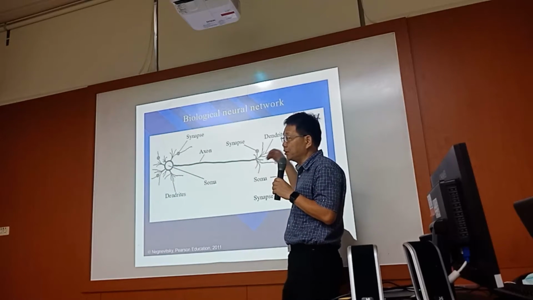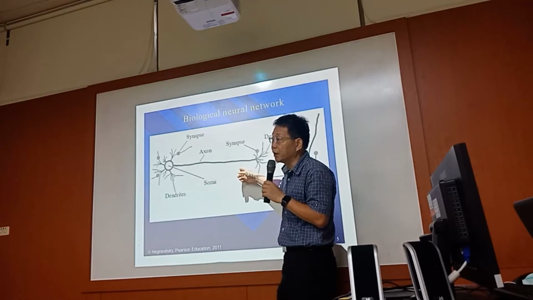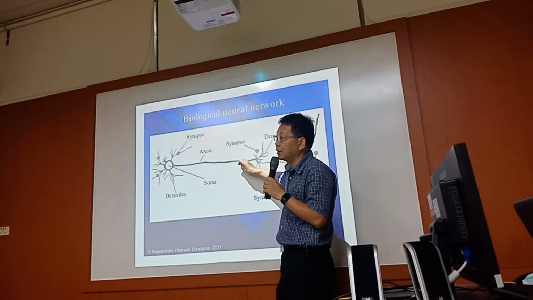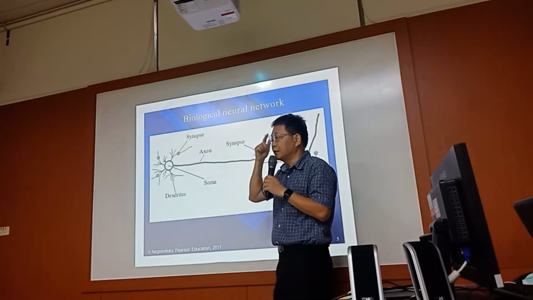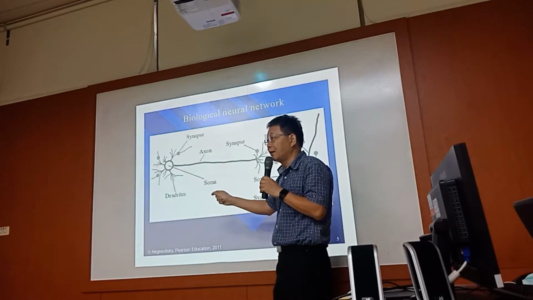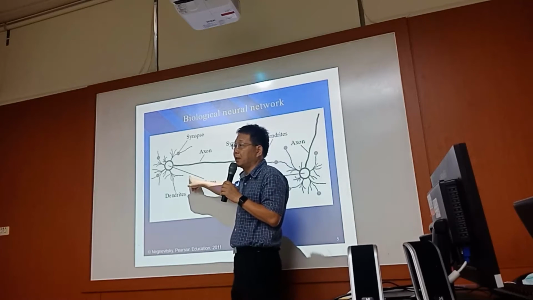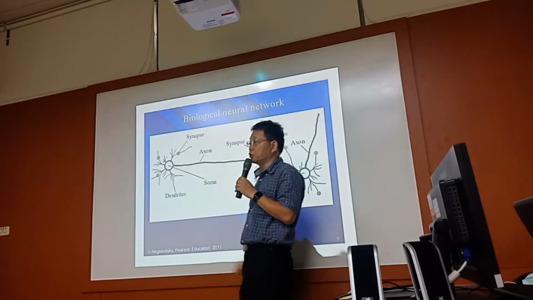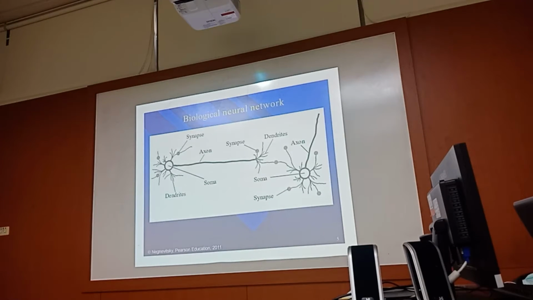But sometimes maybe your body has a problem. This path is broken, and your brain still needs to control your hand. Then it needs to bypass to some other neuron to control. That is our brain operation.